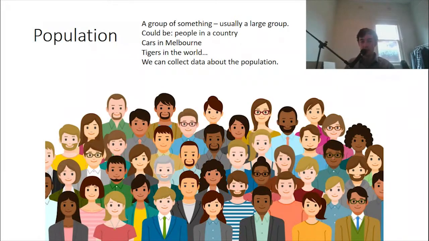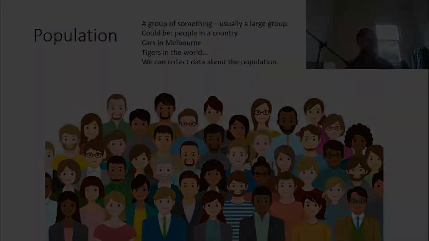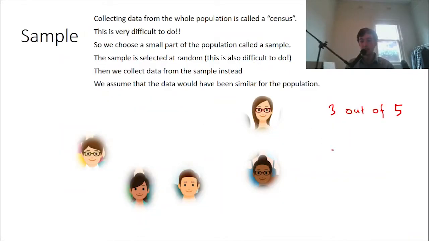Hopefully I haven't missed any. 7 out of... How many have we got? 1, 2, 3, 4, 5, 6, 7, 8. 7 out of 46. So we assume the data is similar for the population. That's not necessarily true. This is about 60%. And this is about 15%.